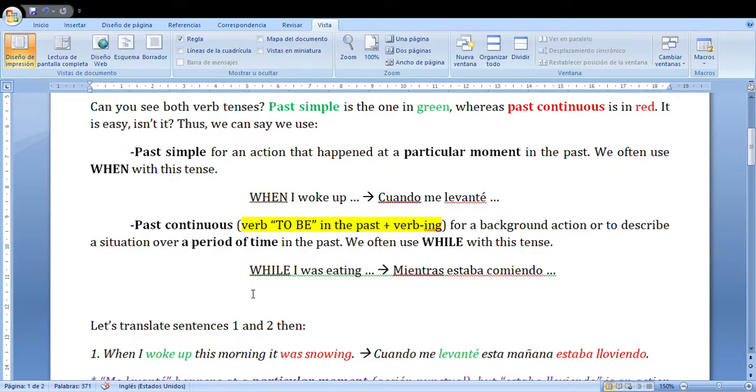So past simple is just 1 second or 1 millisecond, and then the past continuous is a long time. If we used when for the past simple, then we're going to use while for the past continuous. So always after while, you will see the past continuous. While I was eating in Spanish would be mientras estaba comiendo.